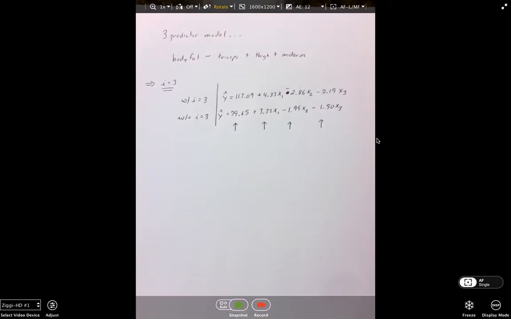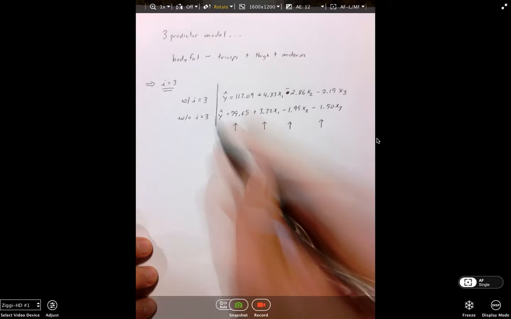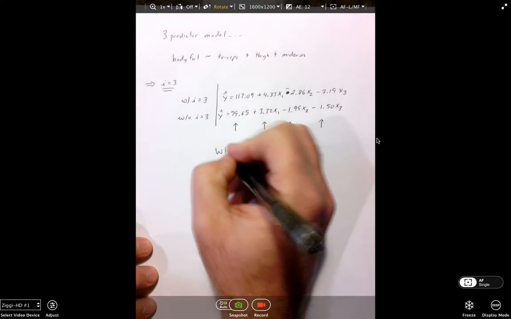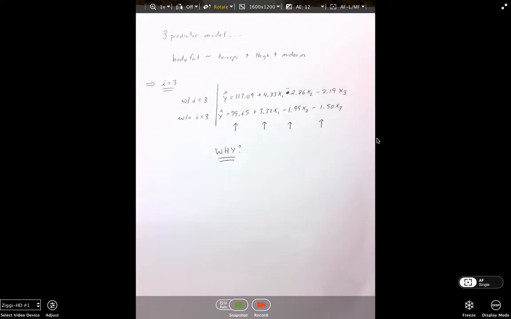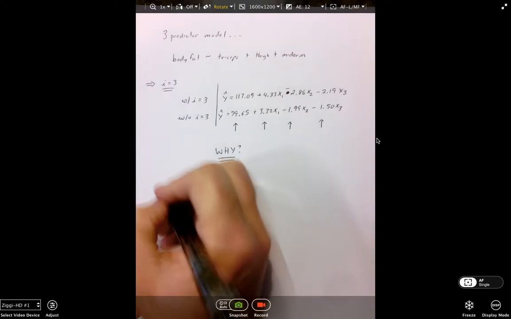So just based on one person being taken out of the model, there was some change there. Now, is there going to be a change in? Let me back up a little bit. Why do you think that there was that significant change in the regression coefficients?